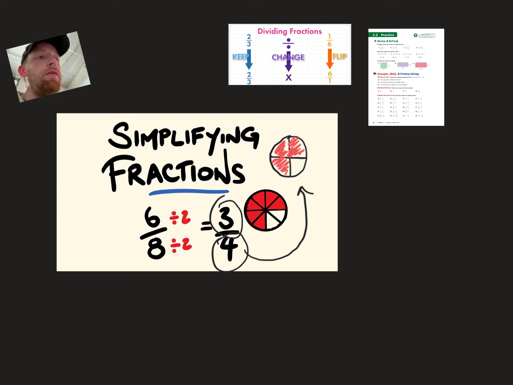So the amount of red filled in here is the same as the amount of red here. That's why you can simplify them, because it won't change the amount that you're talking about. So this is 6/8, this is 3/4, but it's the same amount. So that's one way of simplifying.